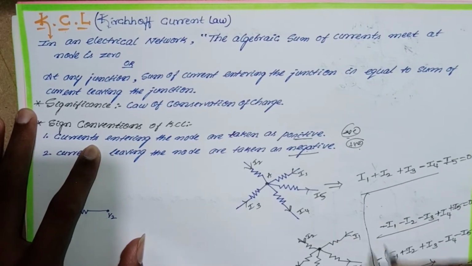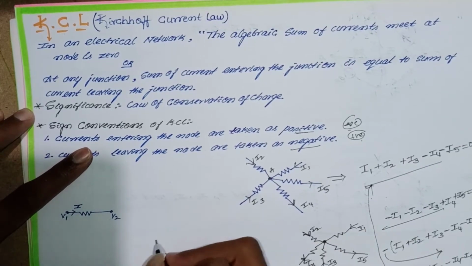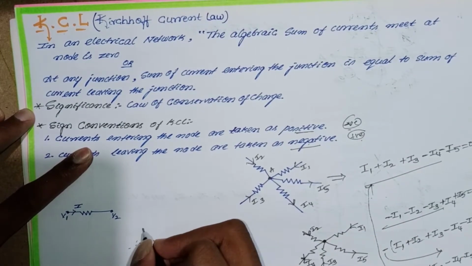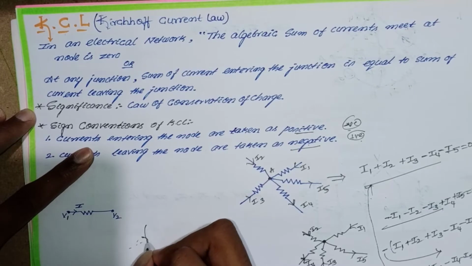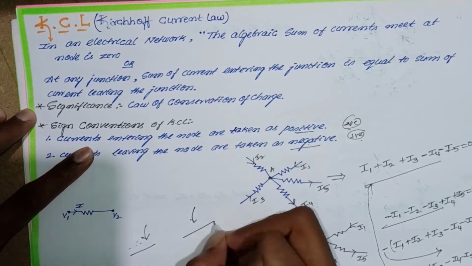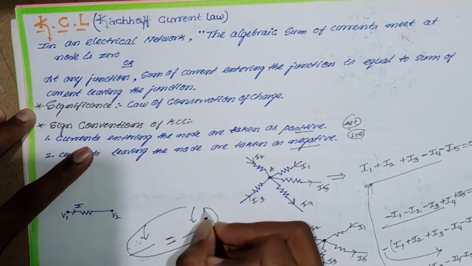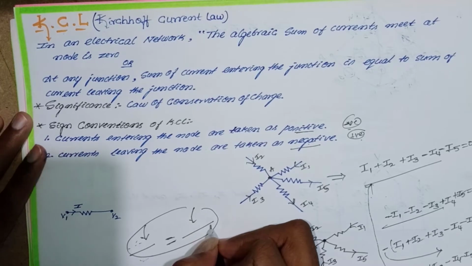Both equations are the same, so whether we take leaving the node on one side and entering the node on the other side, both are equal. It is a short trick of this video.